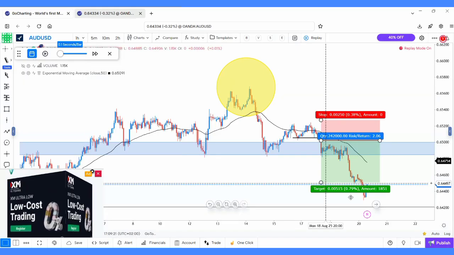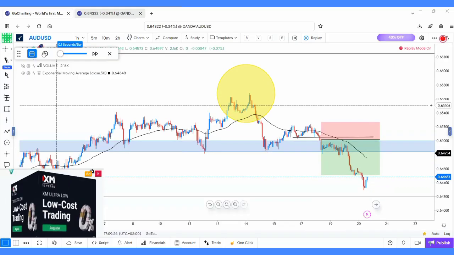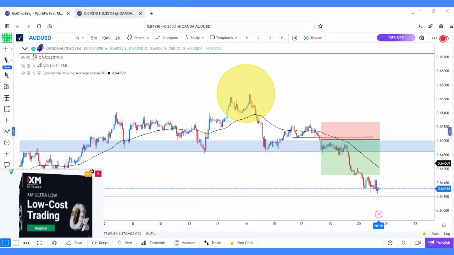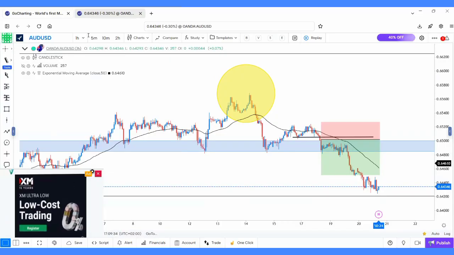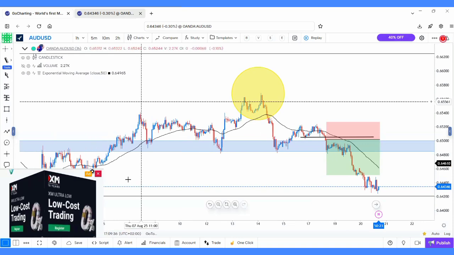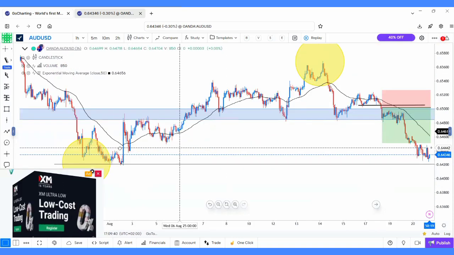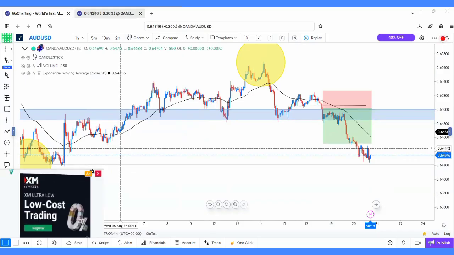So let me play it out again. Let's see what it's doing currently. Yeah. Whoa. Almost hitting our lower low, our previous low. I should have held, to be honest, but I can't kick myself, man.